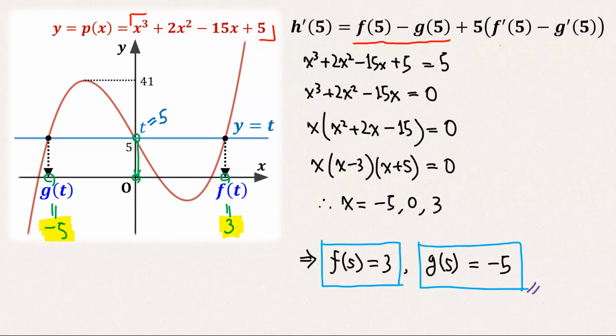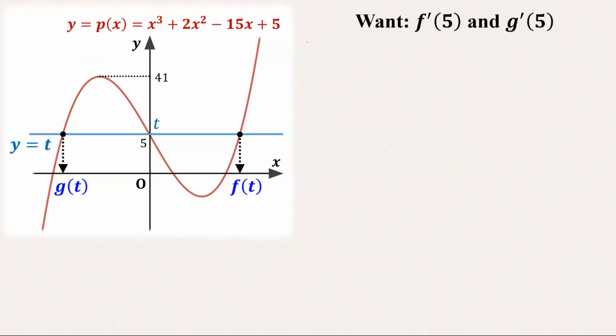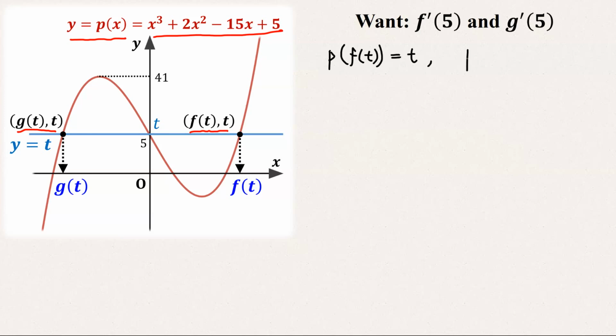So we have these. But what about this derivative part? How do we find the values of f prime 5 and g prime 5? Well, we start from the fact that these points f(t), t and g(t), t are also on the curve of the given cubic function y equals p(x). Therefore, p of f(t) gives t, and p of g(t) also gives t. And then, we take the derivative with respect to t in this form. Here, we have to use the chain rule.